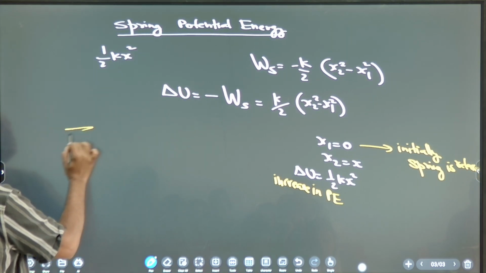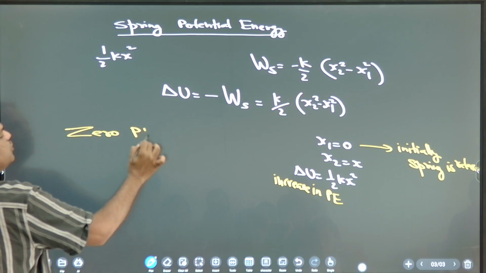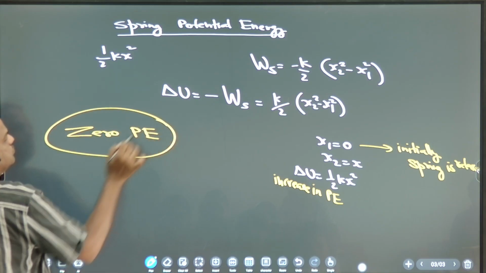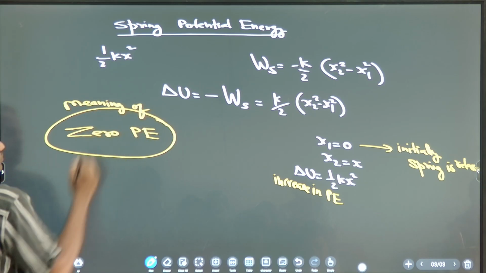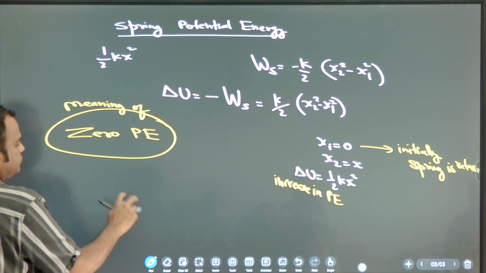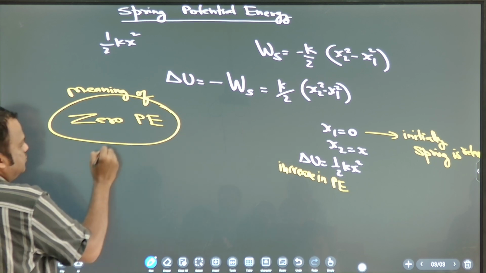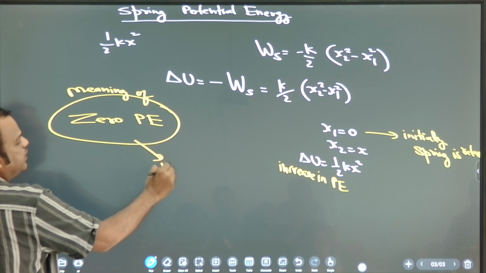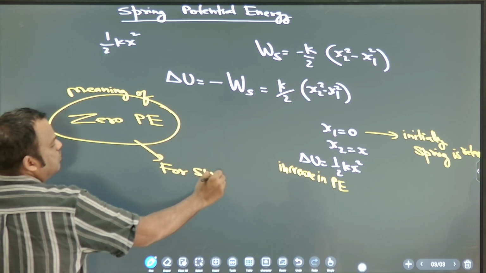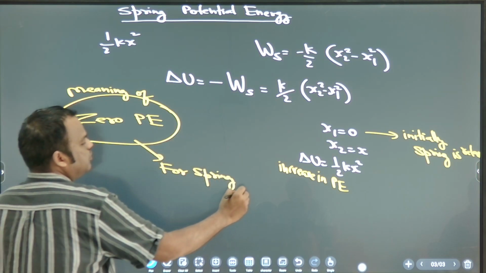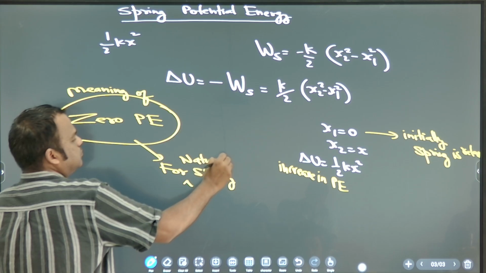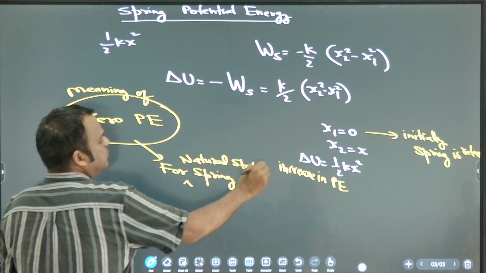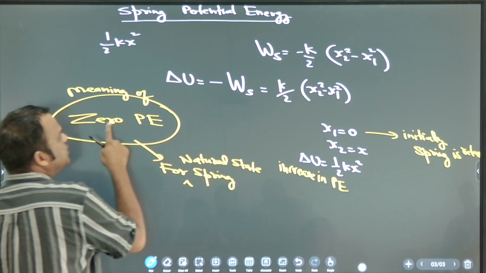What do you mean by zero potential energy? What is the meaning of zero potential energy? So for a spring, note down. For the natural state, when the spring is in its natural state with no elongation, what is the potential energy?